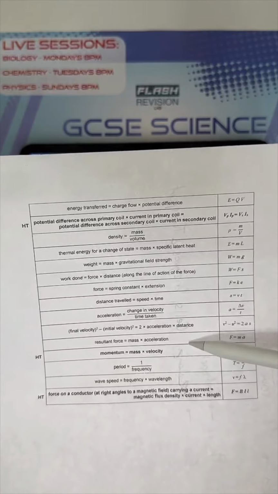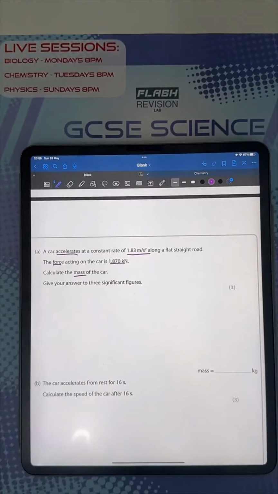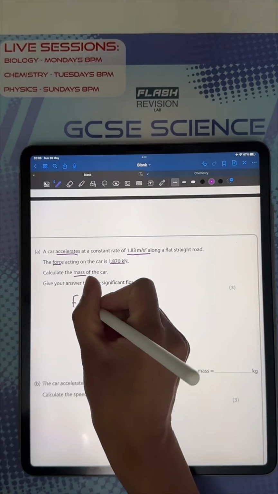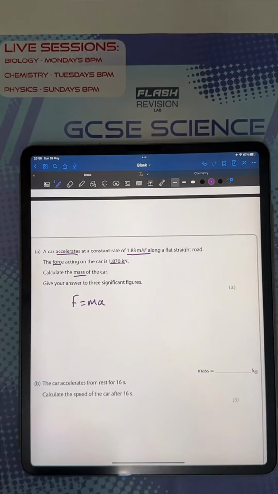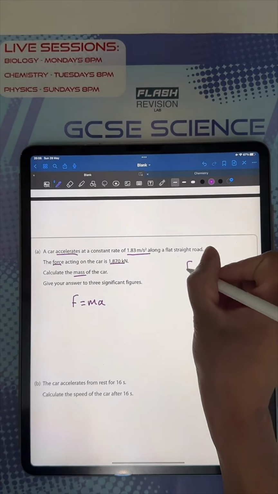Resultant force equals mass times acceleration. Okay, so write down the equation. F equals ma, and we want to rearrange this to make mass the subject because that's what we're trying to find. If you want the triangle, here it is.